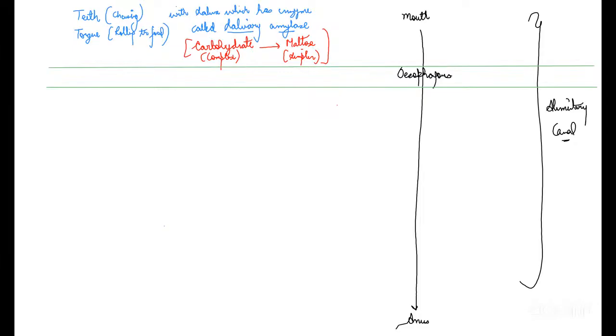It is also called the food pipe, which has no digestion. But here one movement is going on called peristaltic movement.